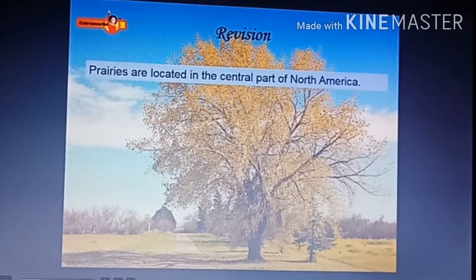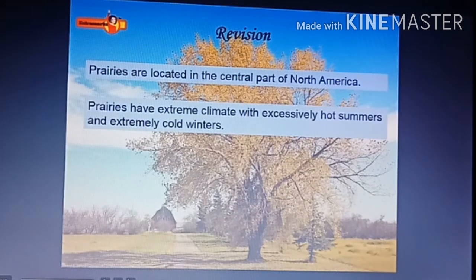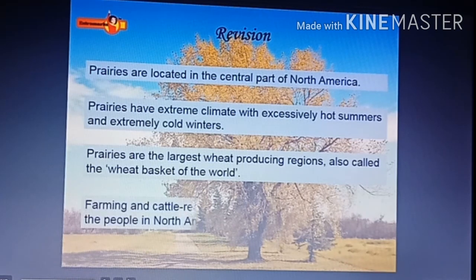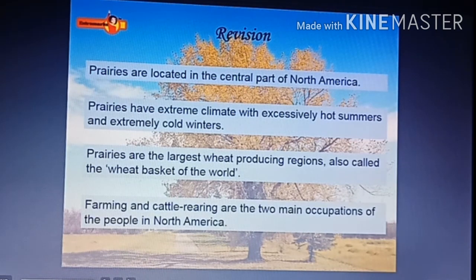Prairies are located in the central part of North America. Prairies have extreme climate with excessively hot summers and extremely cold winters. Prairies are the largest wheat producing regions, also called the wheat basket of the world. Farming and cattle rearing are the two main occupations of the people in North America.